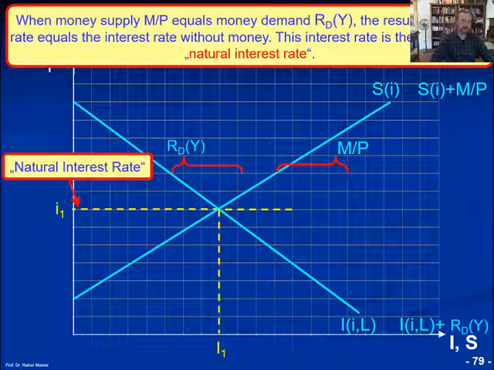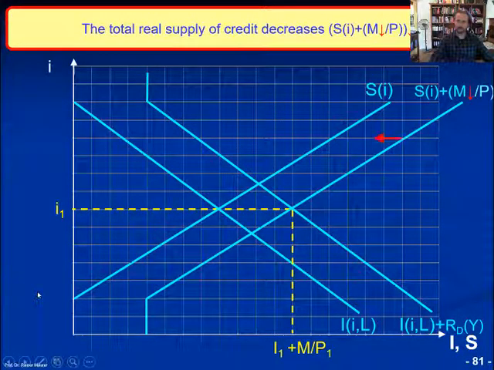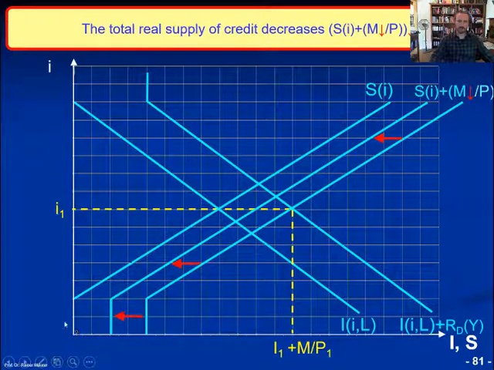So if a central bank offers the same amount of money that is also demanded, neither inflation nor deflation will result. The price level will then always be stable. If, however, the central bank reduces real money supply below the level of real money demand, like this for example, by the length of two little quads, the total credit supply curve shifts to the left.